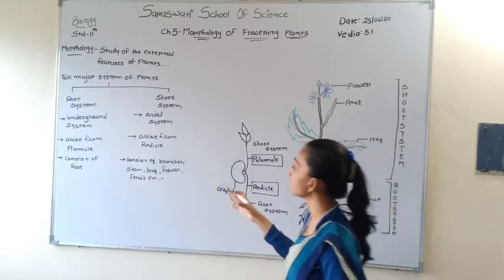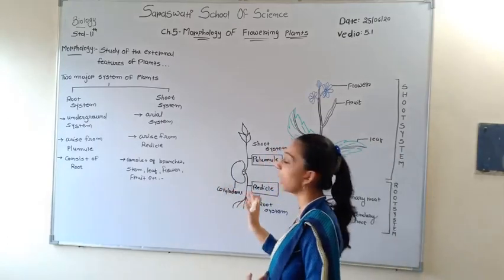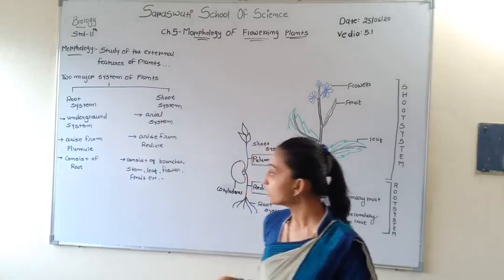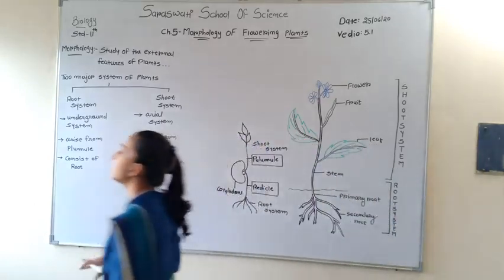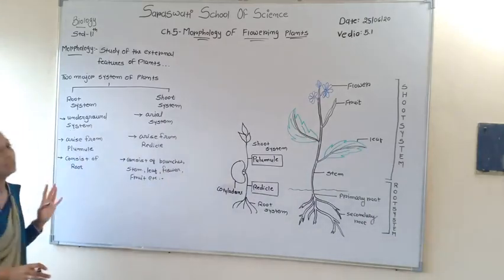The shoot system consists of branches, stem, leaf, flower, fruit, etc. The upper portion of the plant consists of various types of branches and leaves; flowers, fruits and buds also develop in the shoot system. But the root system consists only of roots. So this is the basic difference between the root system and the shoot system.